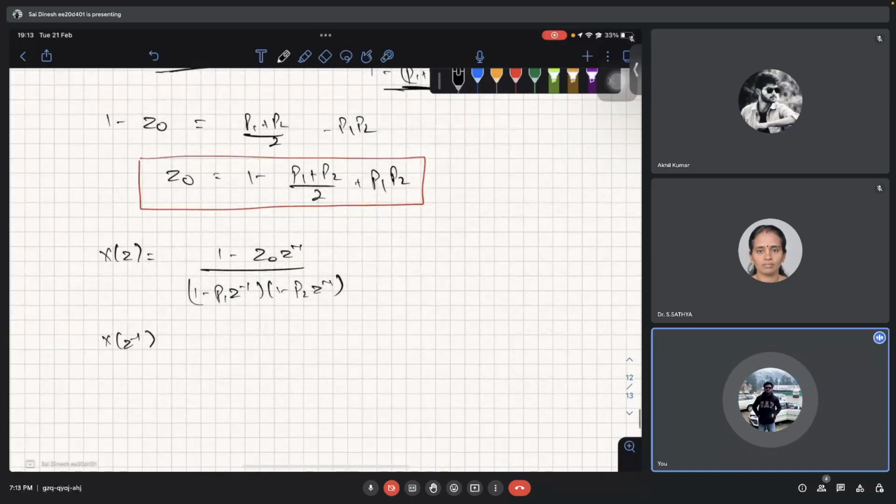So x of z inverse will be 1 minus z0 into z by 1 minus p1 into z, 1 minus p2 into z.